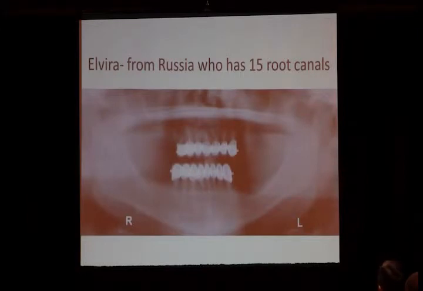This lady is coming in from Russia. She'll be in March. She has 15 root canals. That's the way they do things. If you look here, this is a solid casting, which is put right over the teeth and bonded in.